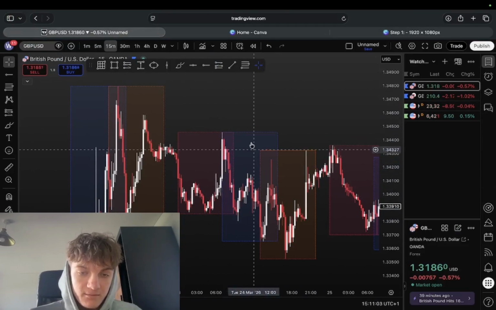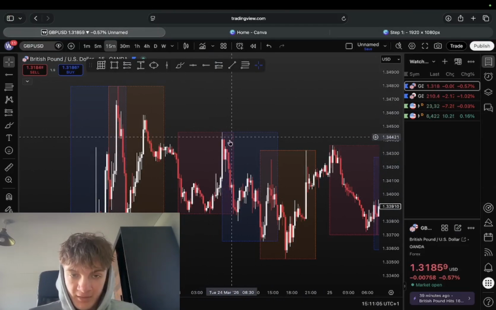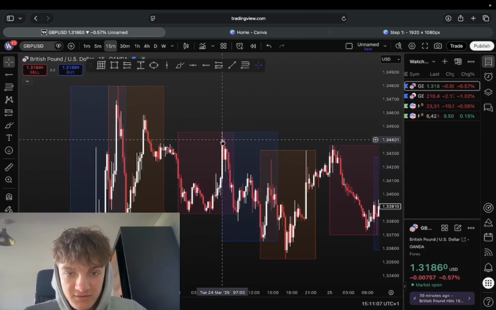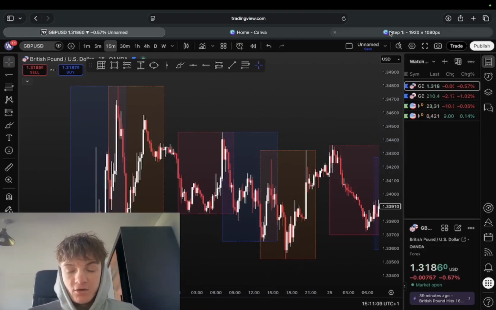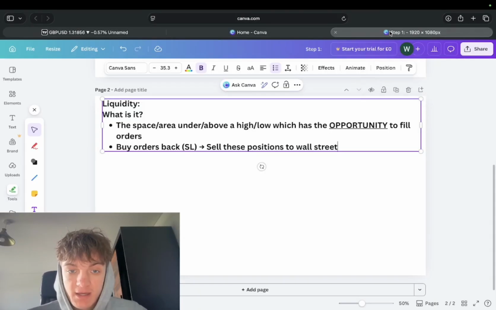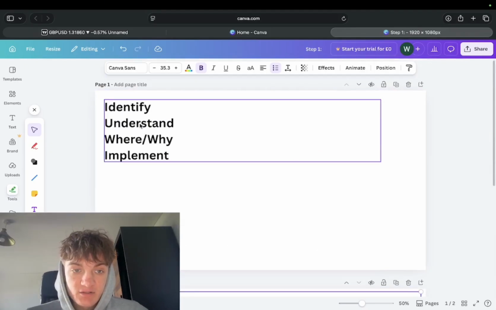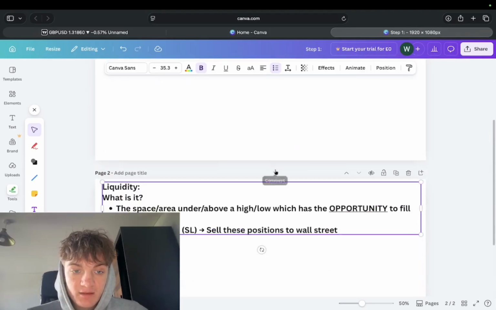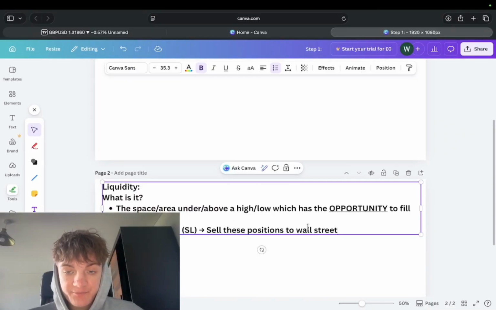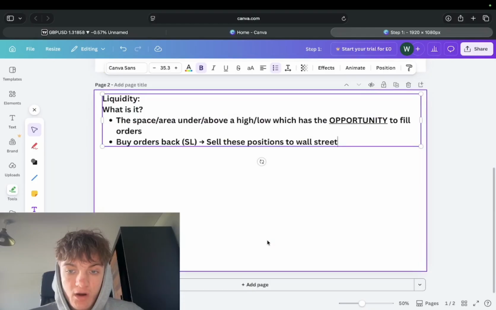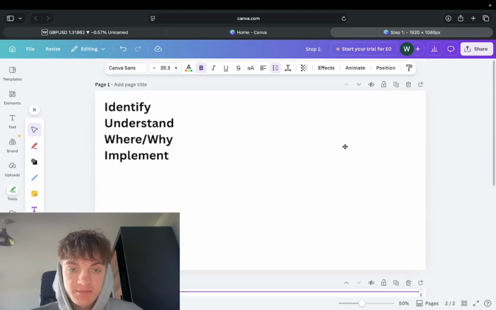The real big money, the real people of the world, sold here and actually made the money. So that's liquidity sweeps for you, basically. Hopefully you understand them to that extent, and where and why they show up in the market, I've also explained that.